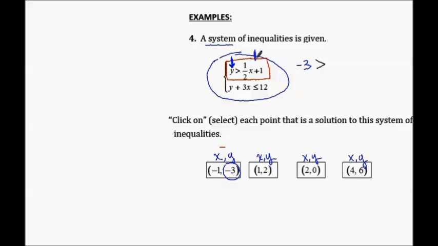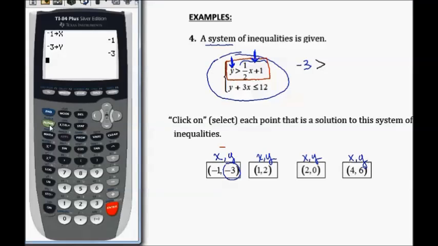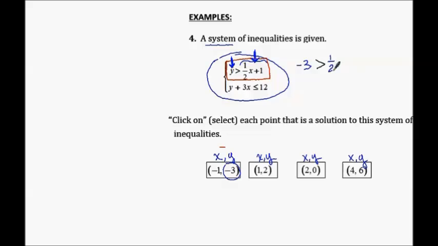And then to do this right hand side of the inequality, which is this whole thing, I can do that in my calculator. You can press green Y enter to do your fractions. You're going to do 1/2, then just a regular x, because the calculator already knows what x is, plus 1. And you're going to get a 1/2. So that goes on this side of the inequality.